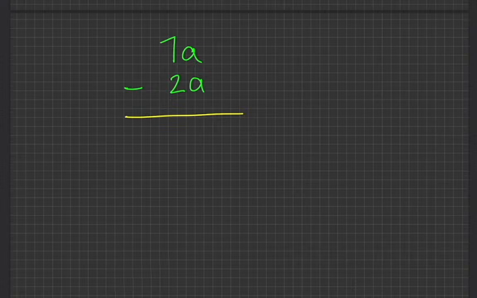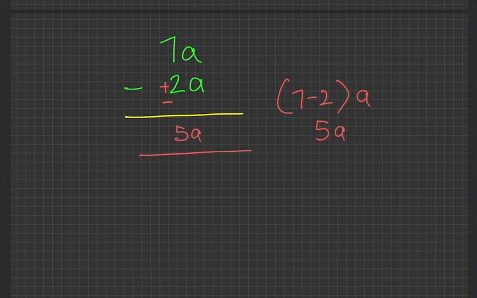Here it is a plus sign, that is a positive 2a, hidden in that. But what we have to do here is change that sign to a negative sign, a minus sign. So now it becomes 7a minus 2a, so it will be 5a.